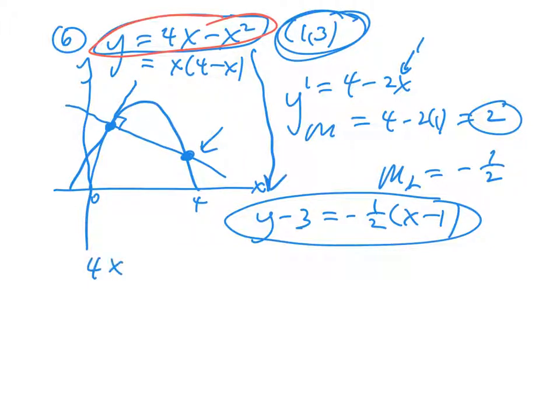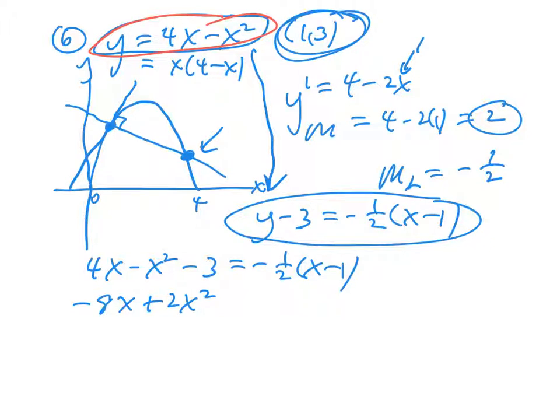So you get 4x minus x squared minus 3 equals negative 1/2 times x minus 1. First thing I would do, multiply both sides by negative 2. So you would get negative 8x plus 2x squared plus 6 equals x minus 1.